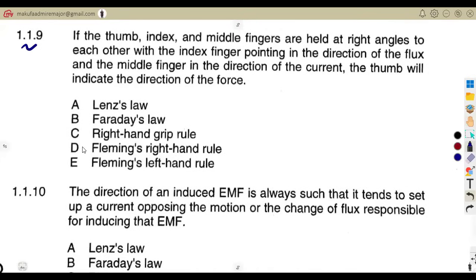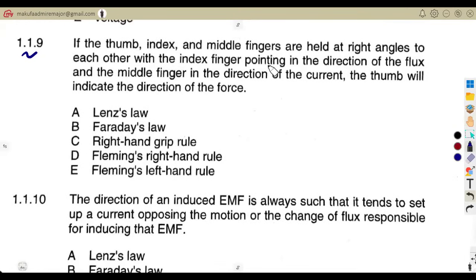1.19. If the thumb, index, and middle fingers are held at right angles to each other, with the index finger pointing in the direction of the flux and the middle finger in the direction of current, the thumb will indicate the direction of the force. All right, so the description we are given here is for what?